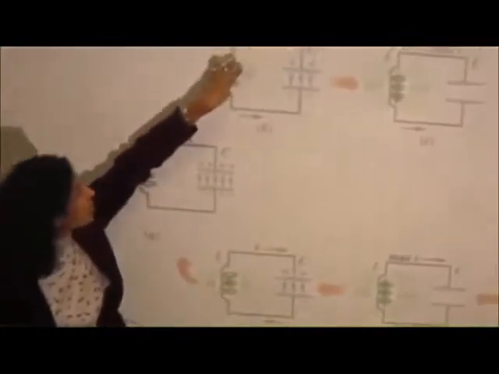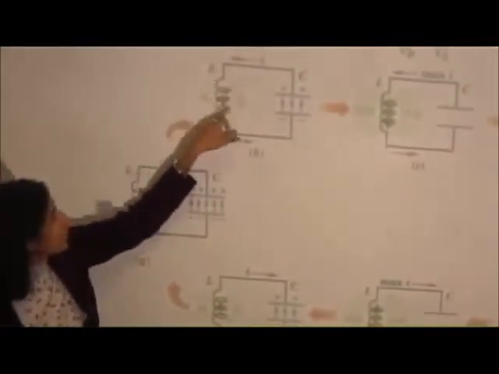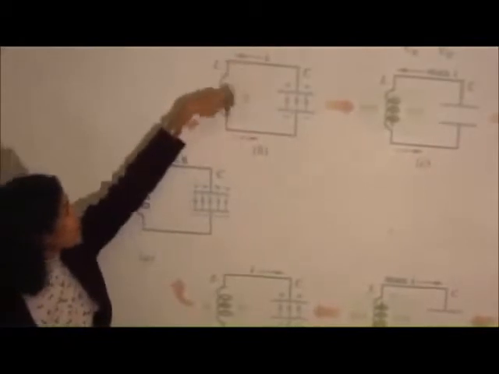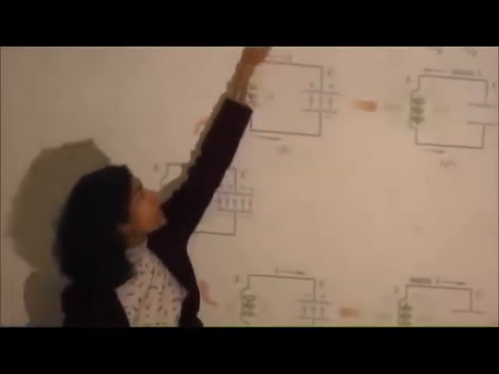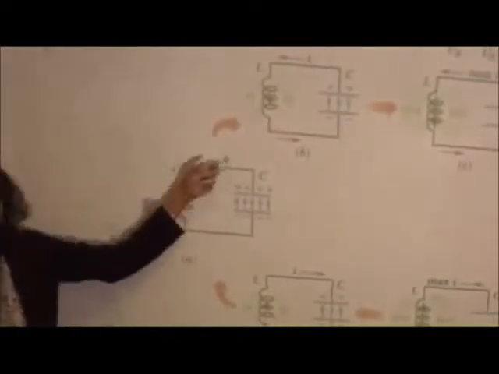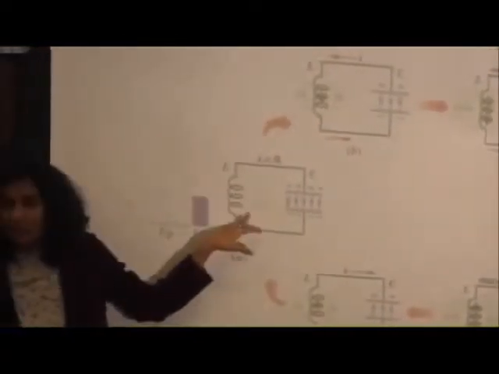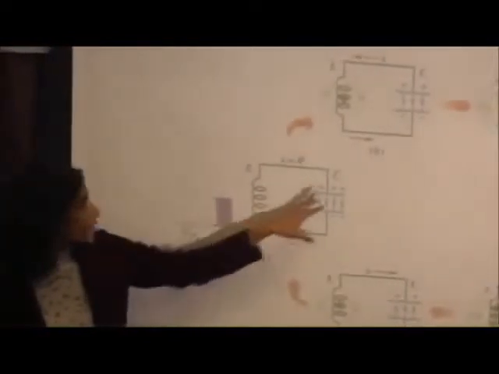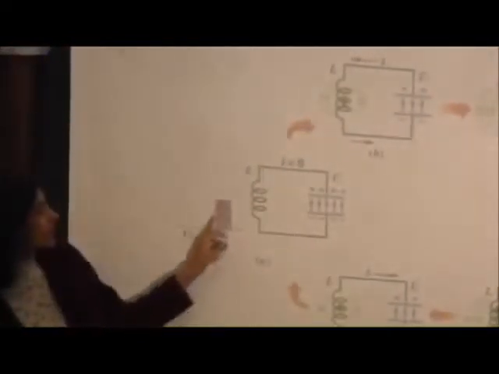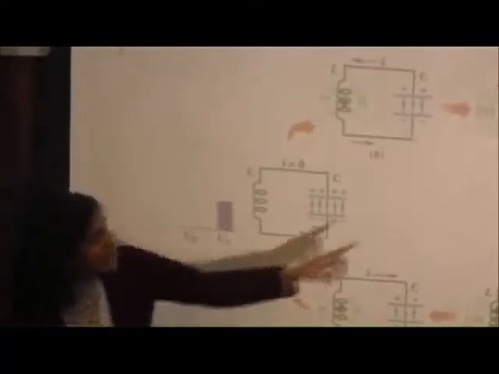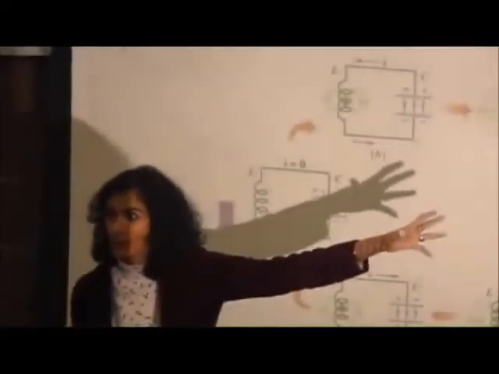So as soon as the current starts flowing here, there is energy stored in the magnetic field inside of this coil or inductor, and that magnetic energy U sub B is half L I square at any given time. Here it was 0 because there was no current, and hence there was no magnetic flux. So there was no magnetic energy stored here. So initially all of the energy is electrical energy, U sub E, which is half C V square.